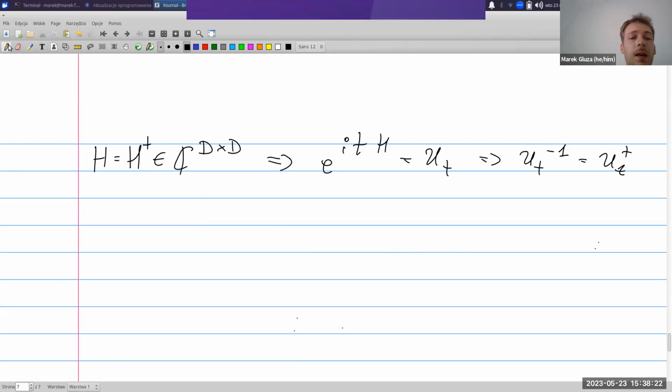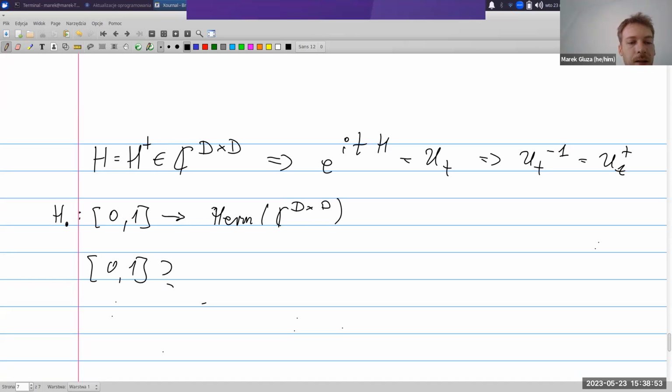Now, what happens if I have a mapping from some time interval, let's say 0 to 1, it can be whatever interval, to those Hermitian matrices on our D-dimensional space? Basically, I will have H with a dot here, which means that if I take any time in this interval, then I will get H(t), which is just some time-dependent matrix.